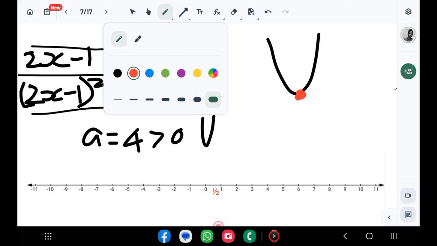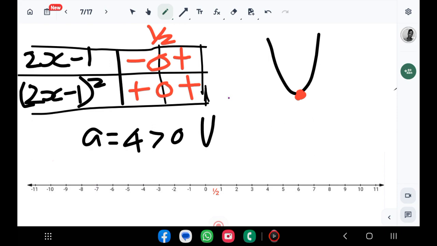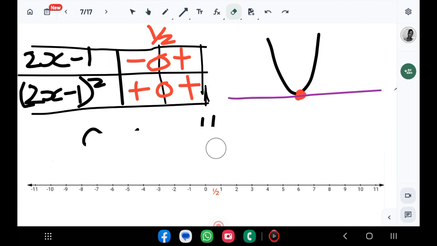Let me draw the axis. So that's where it touches the x-axis. Everything else is on the positive side of y, and there's nothing on the negative side of y.